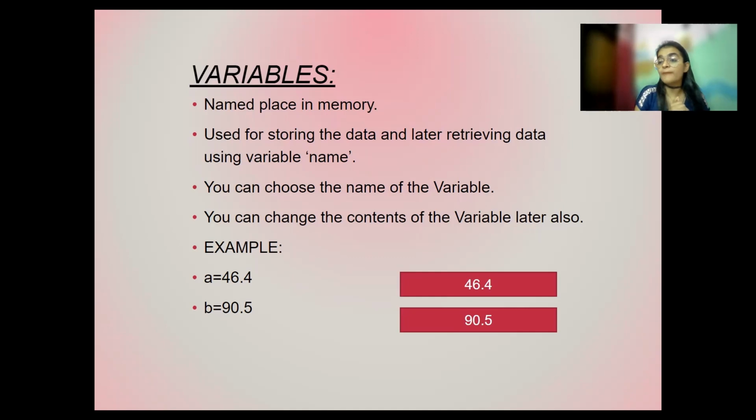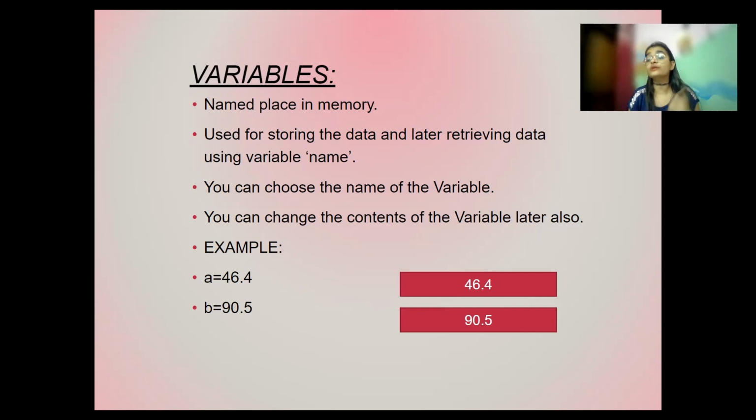We have revised the constant, so now I'll make clear the difference between a constant and a variable. As the name suggests, a constant does not change throughout the program, so whenever we try to change the value of a constant, it will show an error. But if we change the value of a variable, the variable's value will get changed.